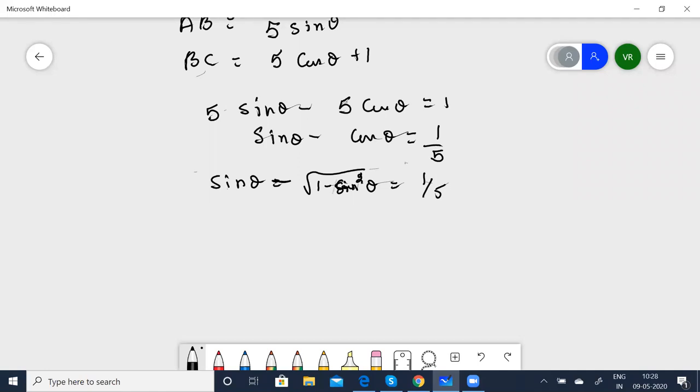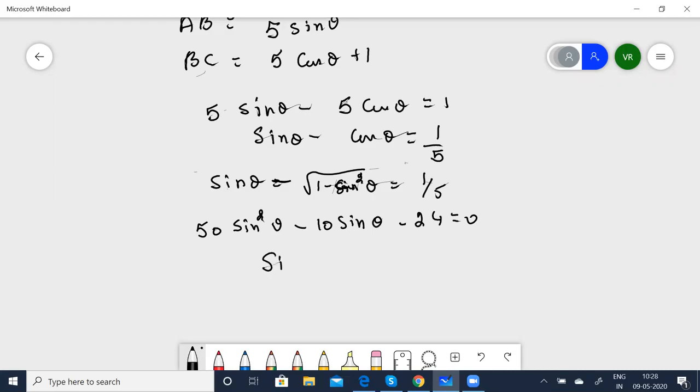I know you're all well aware, so I'm not doing it elaborately, just the simple steps. Squaring and simplifying, you finally get the equation 50 sin squared theta minus 10 sin theta minus 24 equals 0. Now you can use the quadratic formula, minus b plus or minus root of b squared minus 4ac, by 2a, to solve this.